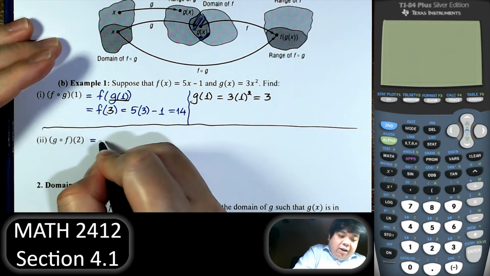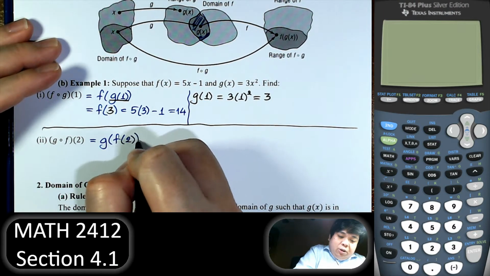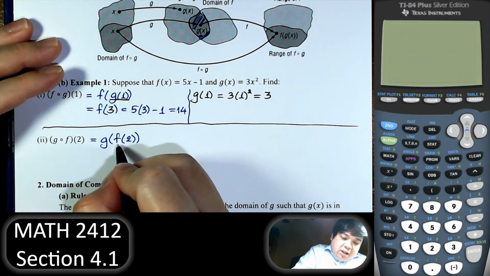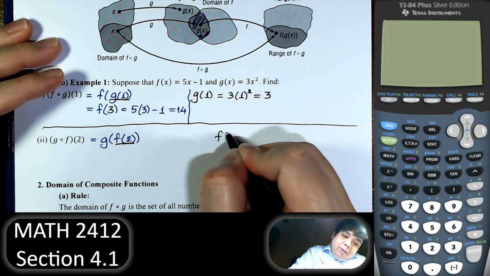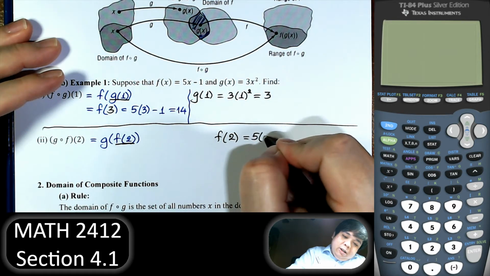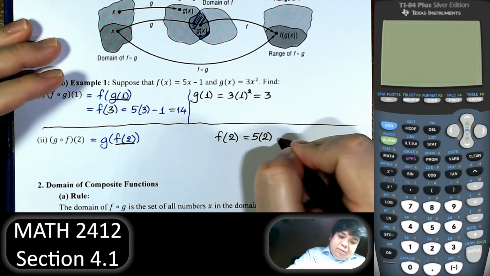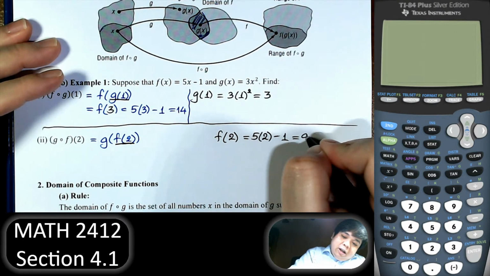Similarly, g of f of 2, so we write g of f of 2. And we focus on the inside, which is f of 2. So put 2 in for x of the function f. That gives us 9.